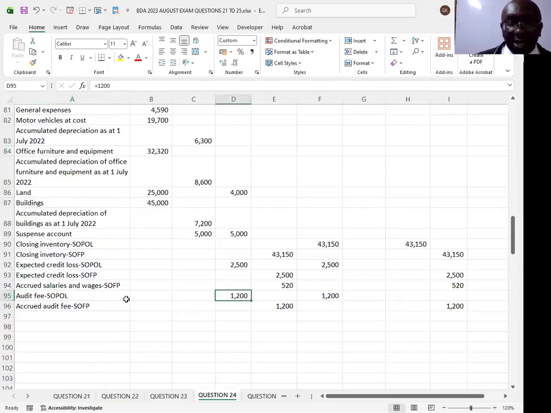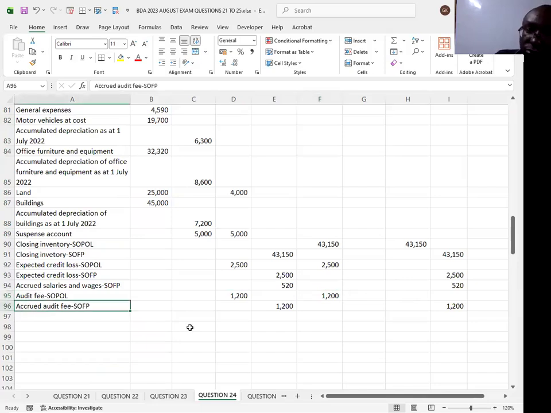So, we bring it here and then we take it to the statement of profit or loss or income statement. And because we never paid, that's a current liability. So, it's accrued audit fee that goes to the balance sheet as a credit. Is that okay, Joy? Good, thank you.